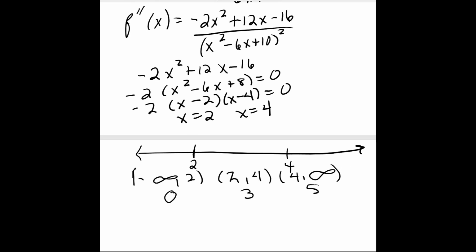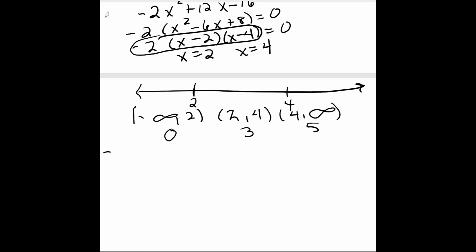We're putting these into the second derivative. So how I'm going to do that is I'm going to take this factored form of negative 2 times x minus 2 times x minus 4, that's our numerator. And then the denominator, x squared minus 6x plus 10 squared, will always be positive because that's squared. So we're testing negative 2, x minus 2, x minus 4, over the bottom, x squared minus 6x plus 10 squared.